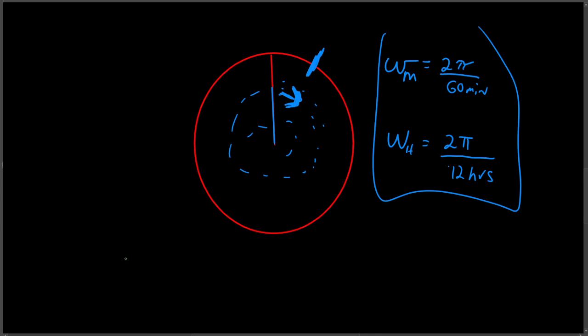And so the angle that the hour hand goes through will be 2 pi plus some, I'll just put a prime on it.